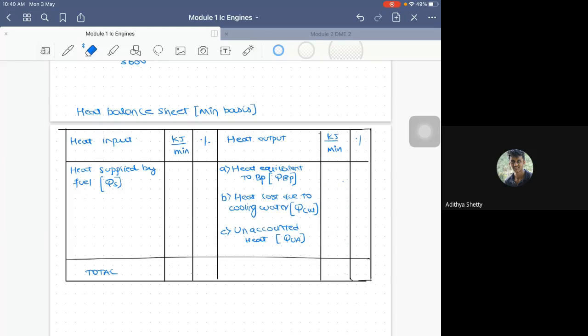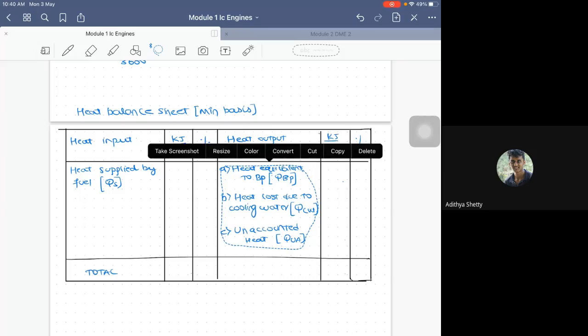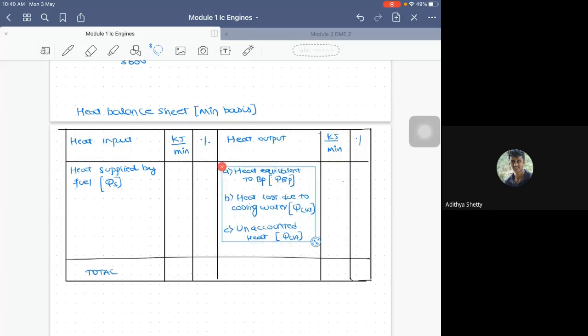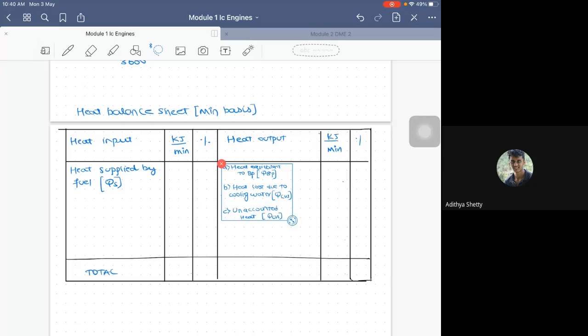Now you see, even in this particular problem, unaccounted heat I have to take on the other side.